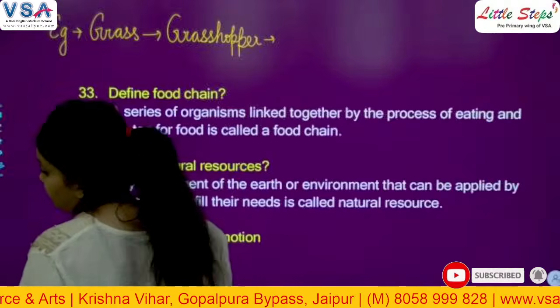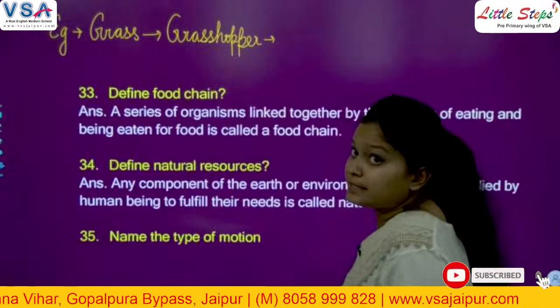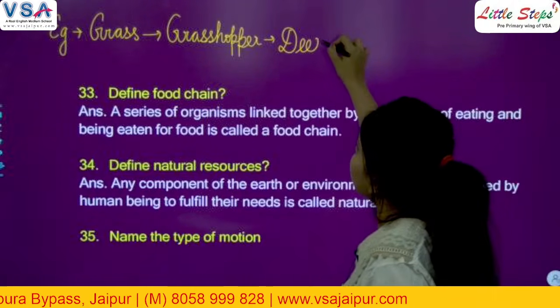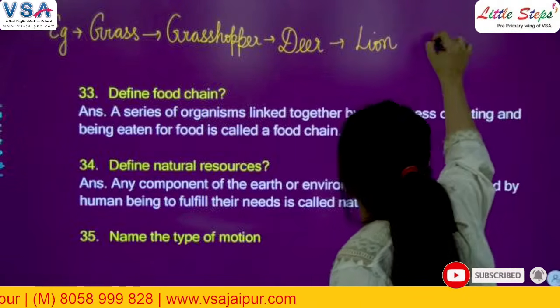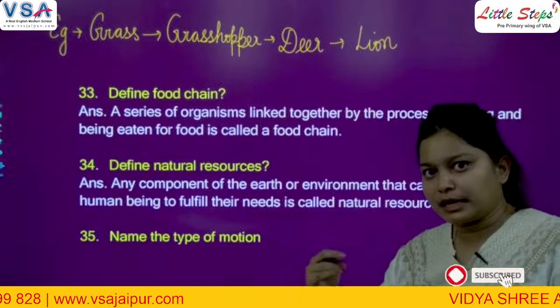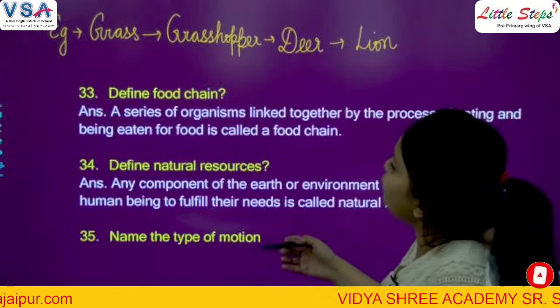Then the grasshopper is eaten by, name any animal, maybe deer, and the deer will be eaten by lion, and so on. It will be a food chain, where one organism after another continues to consume. So that is what a food chain is.